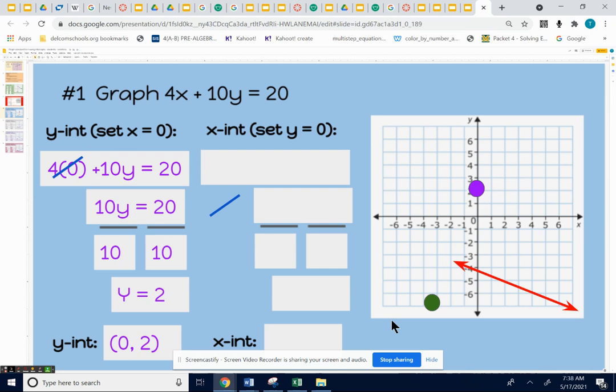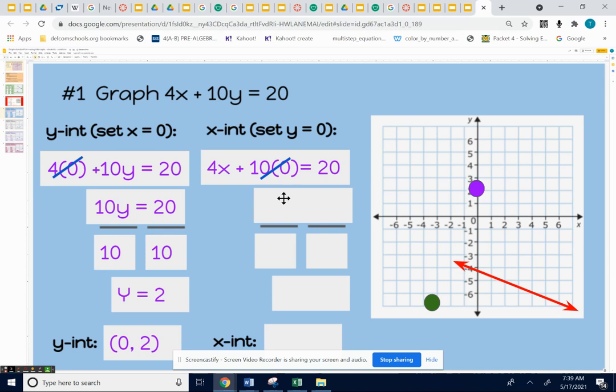Now I'm going to take that same equation, and I'm going to put 0 in for y. 0 is an easy number to work with, so I'm just going to use 0 twice. So I'm going to copy my original equation, 4x plus 10y equals 20, and I'm going to replace y with 0 this time instead of x. 10 times 0 just goes away. 10 times 0 is 0.